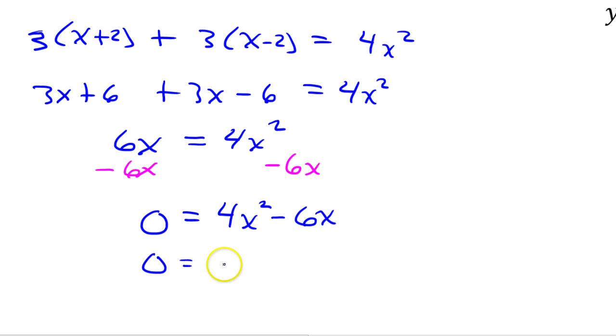The first step of factoring is to pull out the GCF, which is going to be not 4, but 2x. Alright, that's the common factors, 2x. Let's see, so that'll leave 2x minus 3. And again, imagine doing the distributive property. 2x times 2x is 4x squared. 2x times negative 3 is negative 6x.